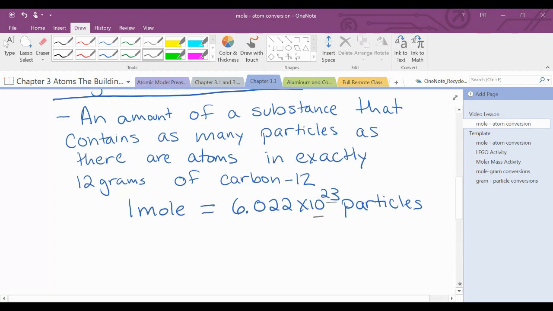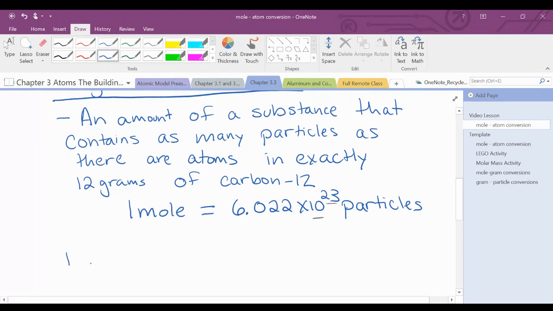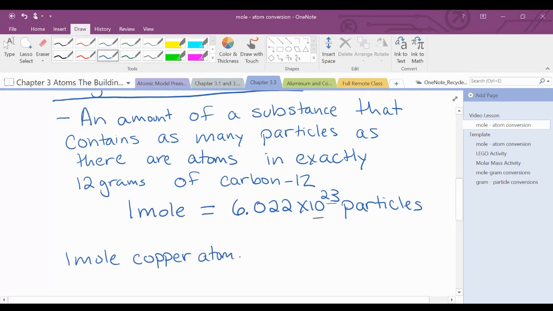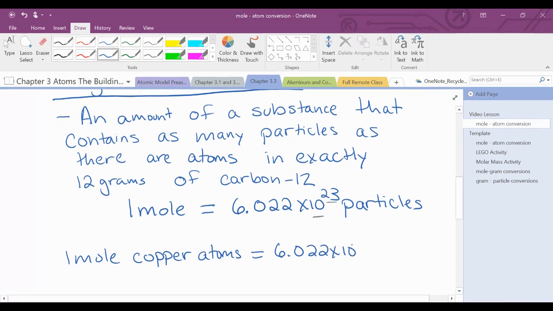So if we think of our phenomena, 1 mole of copper equals 6.022 times 10 to the 23rd atoms of copper.